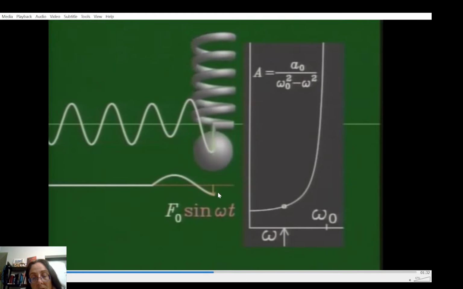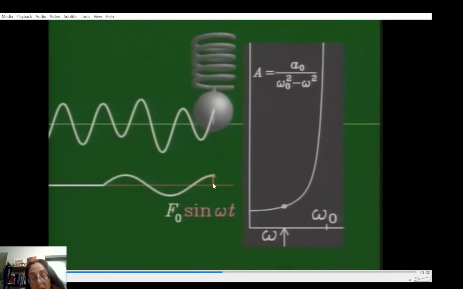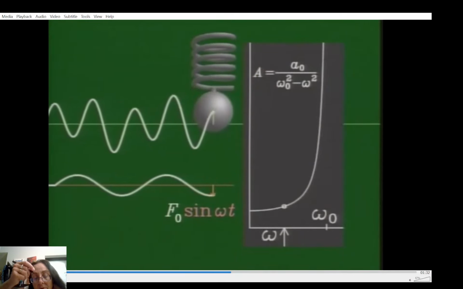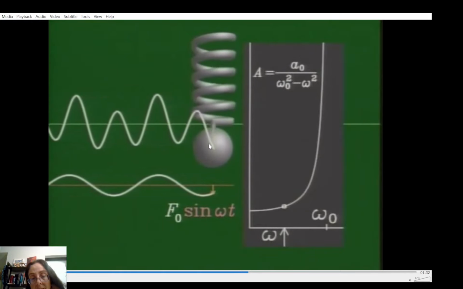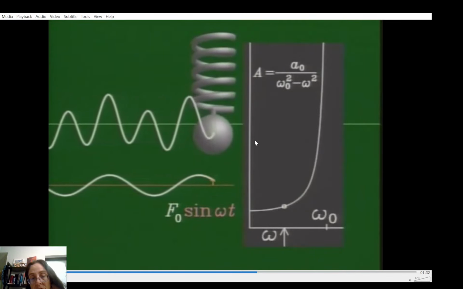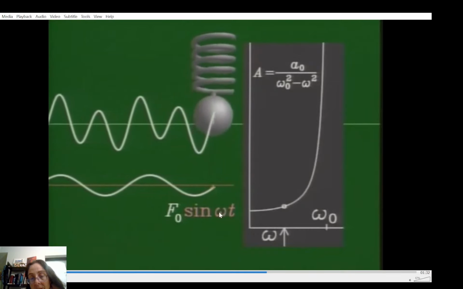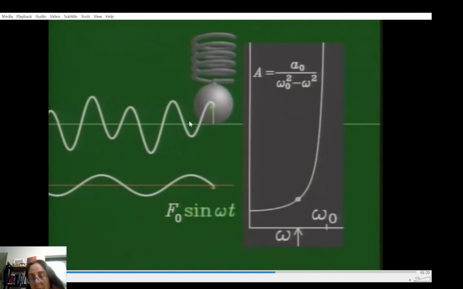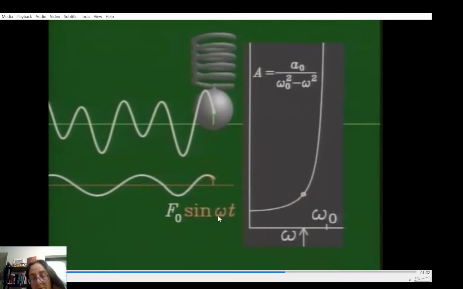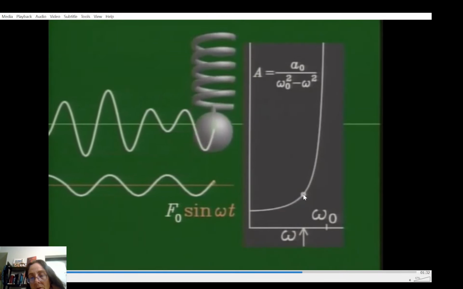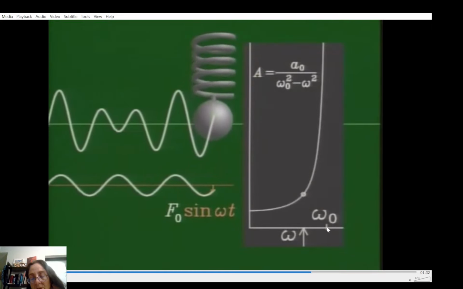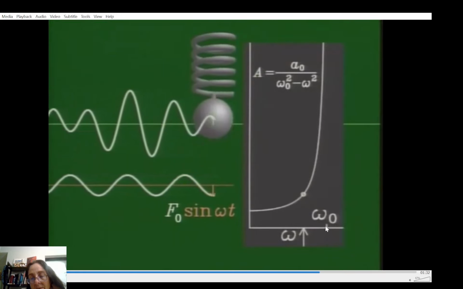So you apply a force with a small amplitude, and the oscillator starts to shake at the same frequency. The waveform may be weird, but it will be the same frequency. And then what's going to happen as you get closer and closer to the natural frequency?